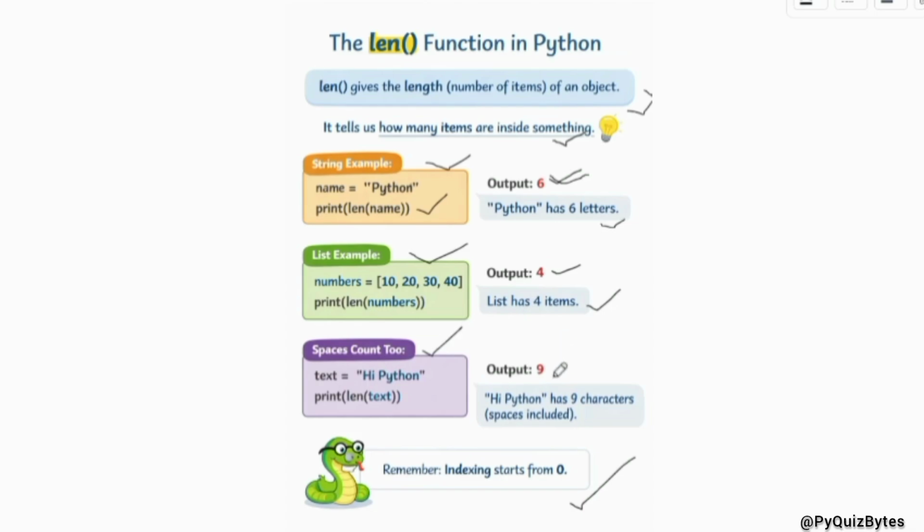So including space, it will give you output as 9. The major point that you should remember about the length function is that it always starts from 1, whereas index starts from 0. Coming to the syntax of length, that is len of object. Whatever the object you are taking, directly you should take len of that respective object.